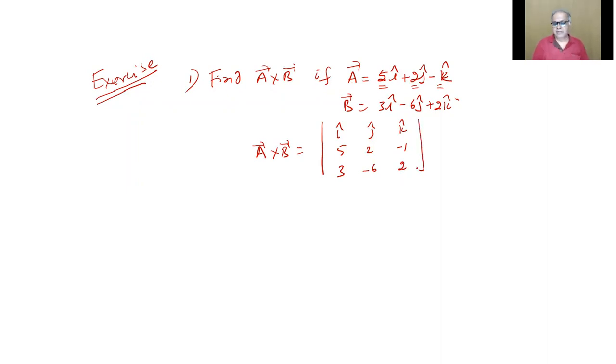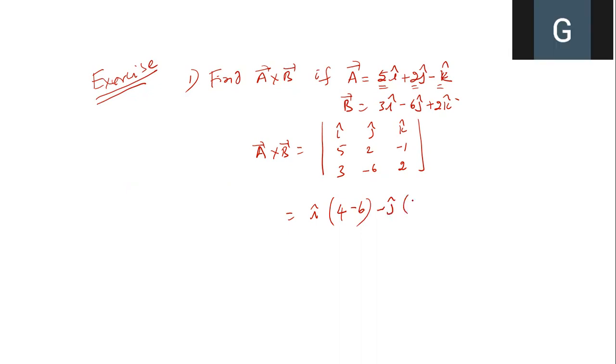Is it okay for everybody? Then tell me. 2 into 2 minus minus 6, right? Minus, minus J into K: 10 minus minus 3, 10 plus 3.